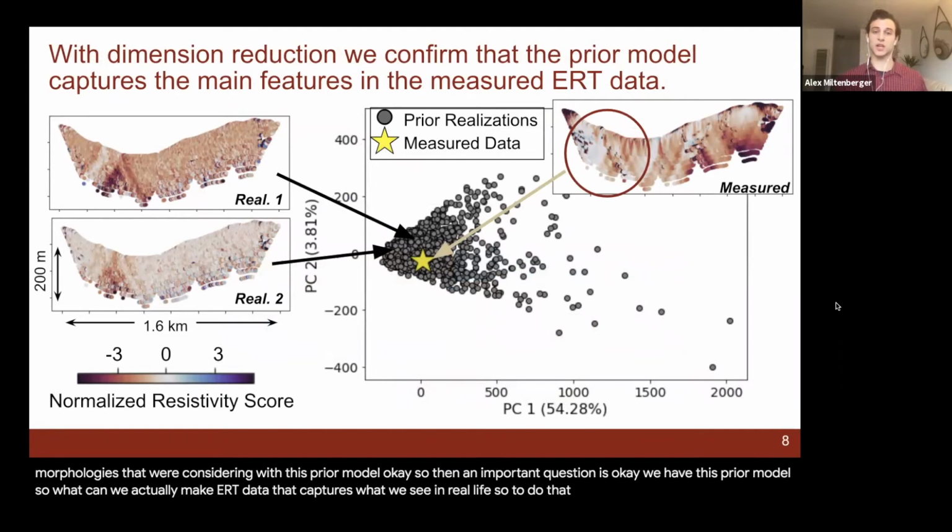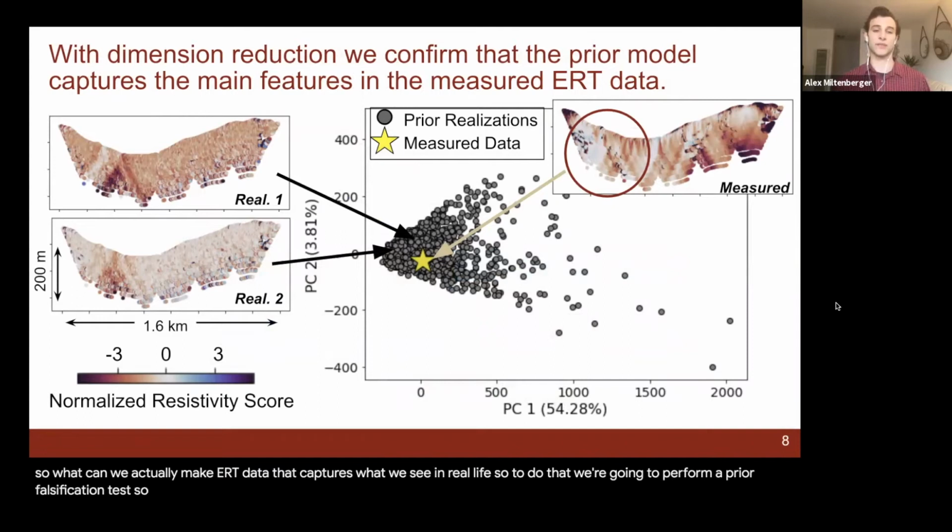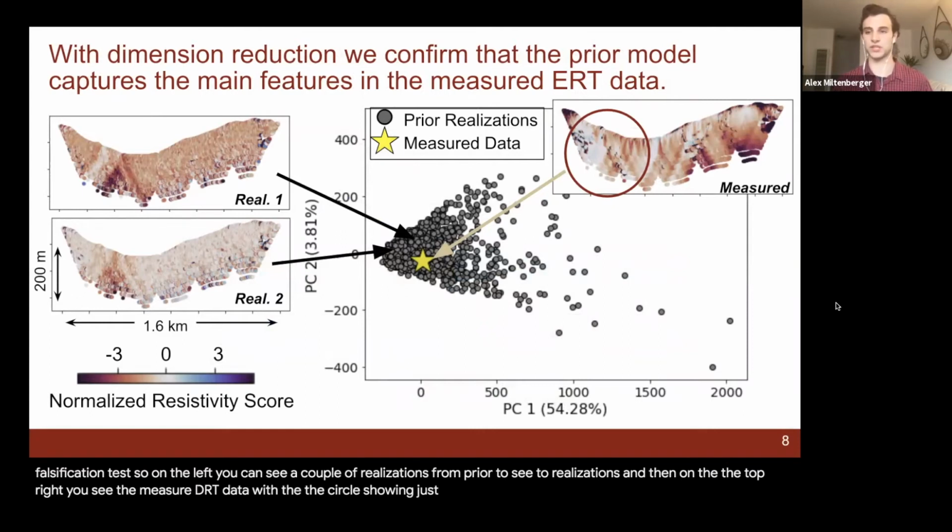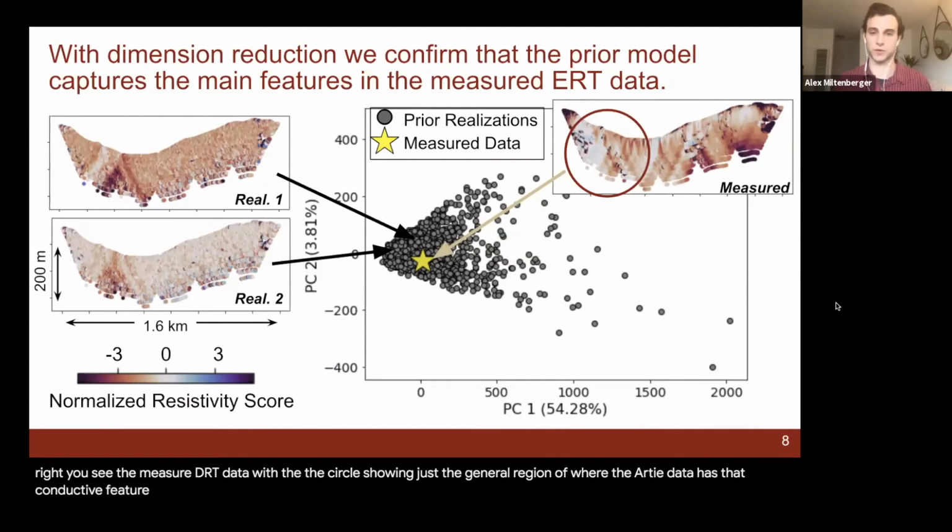To do that, we're going to perform a prior falsification test. On the left, you can see a couple of realizations from the prior. And then on the top right, you see the measured ERT data, with the circle showing just the general region of where the ERT data has the conductive feature that we're interested in.